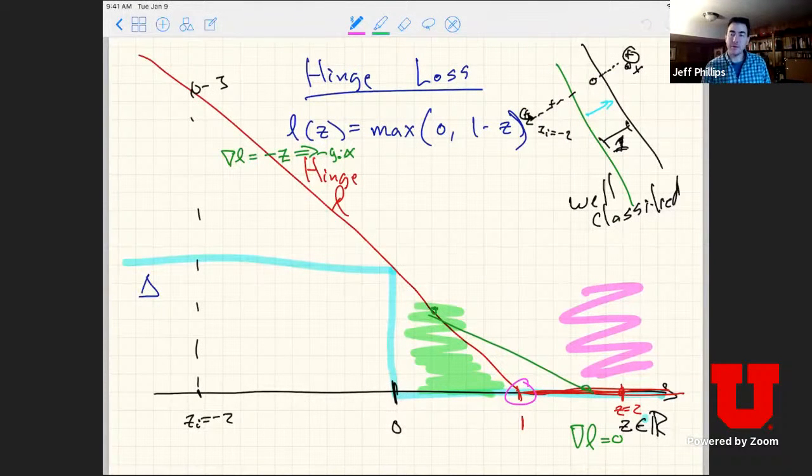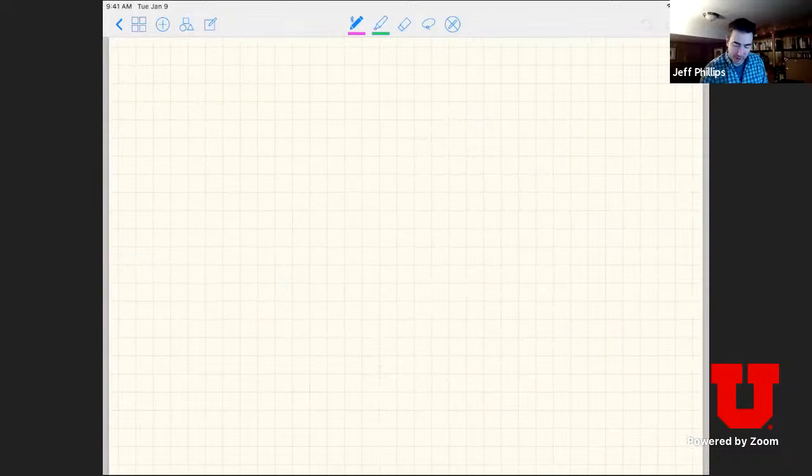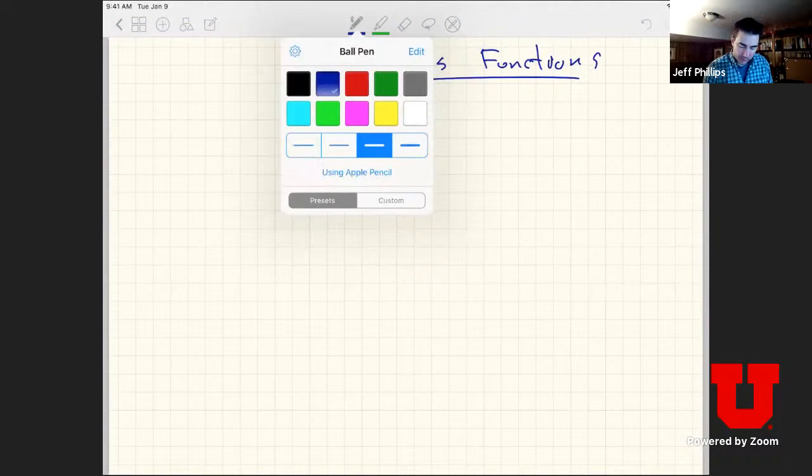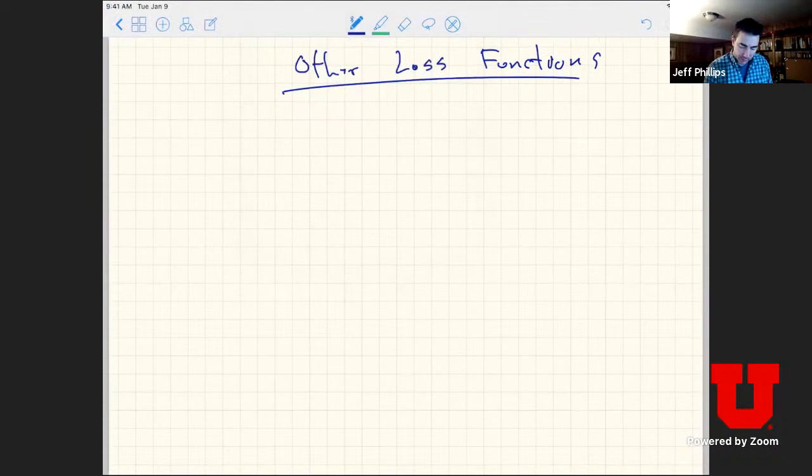Okay, let me mention, these are not the only loss functions. I'll mention some other loss functions here. Let's draw a couple of pictures with each one here.